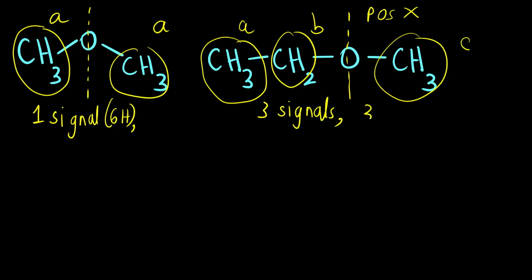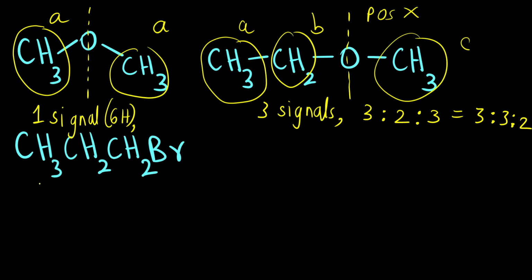A, there are 3 protons. B, there are 2 protons, and in group C, it is 3. So how do you write the ratio? The bigger number to smaller number. So the integration ratio will be 3:2. Okay, it is basically just the simplest ratio of the number of protons present in a particular group.